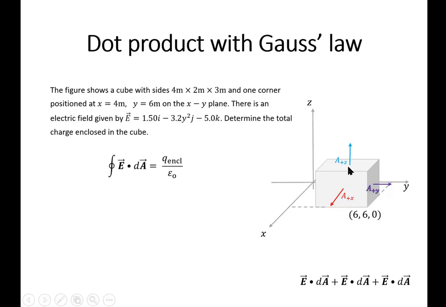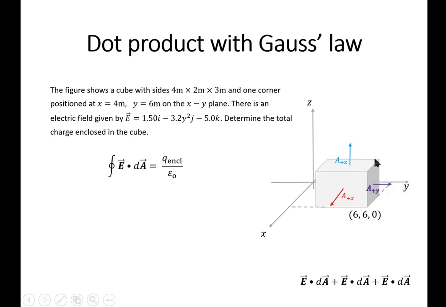Then we have that of a plus z, which is in the z direction. That's the area vector for this surface. It is pointing in the z direction. Then we have that for the a plus y, which is pointing in the y direction.